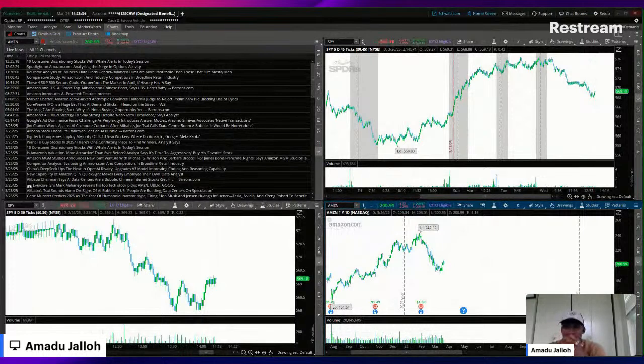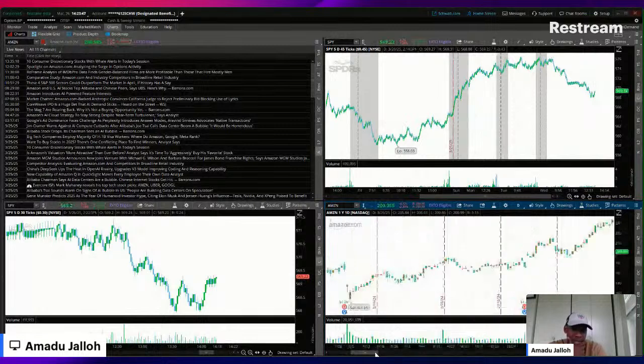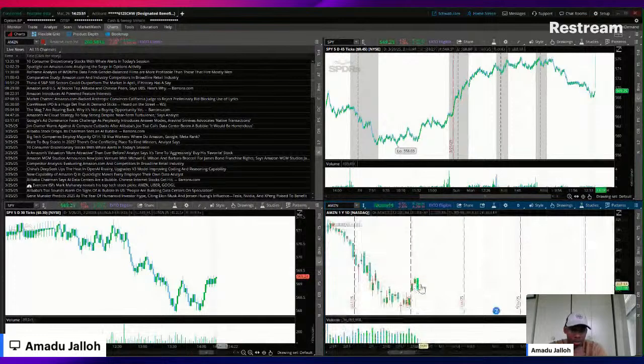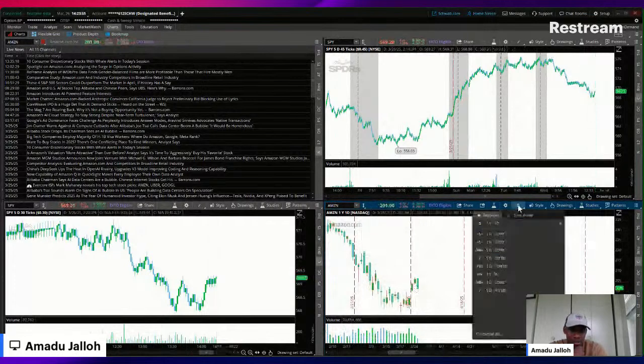Amazon and US AI stocks top Alibaba and Chinese peers, says UBS. Now let's zoom into Amazon and see what's happening here. Let's go to intraday.